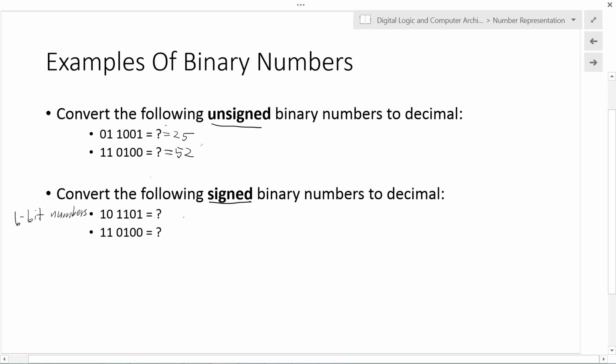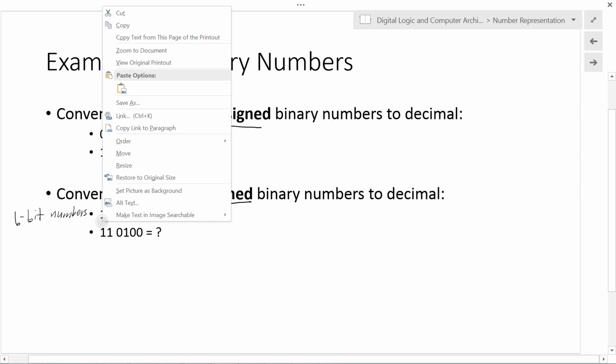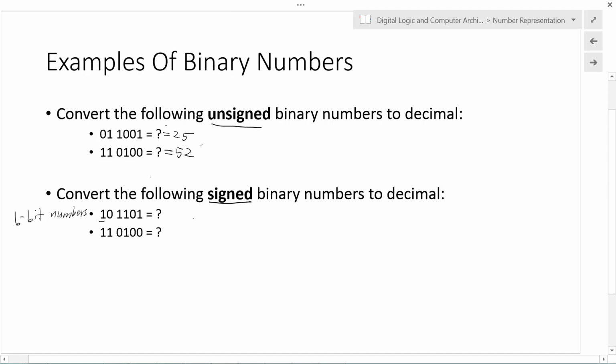Well, we have -1 times 2 to the 5 plus 0 times 2 to the 4 plus 1 times 2 to the 3 plus 1 times 2 squared plus 0 times 2 plus 1 times 2 to the 0.